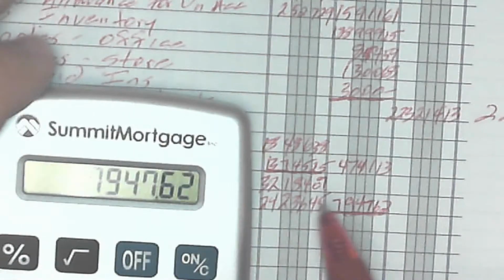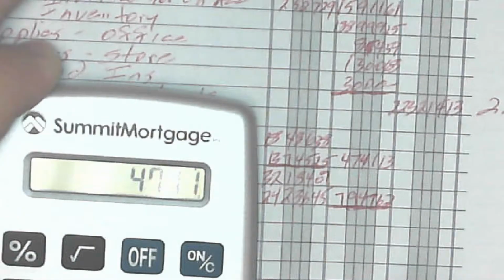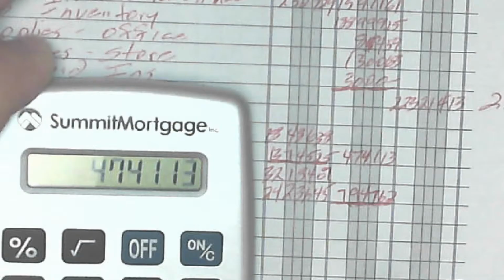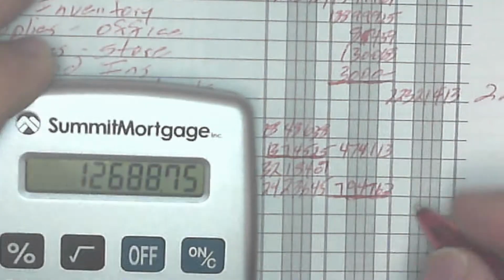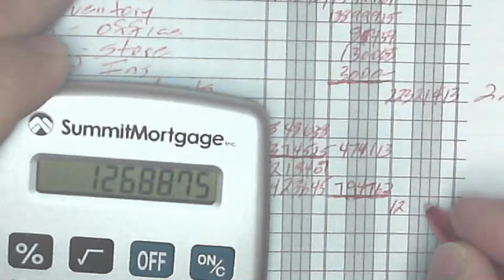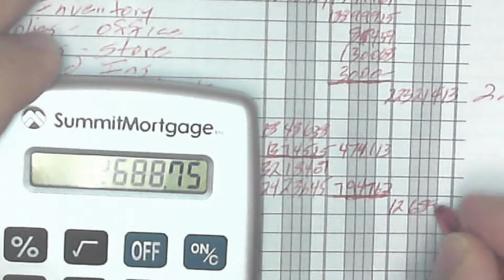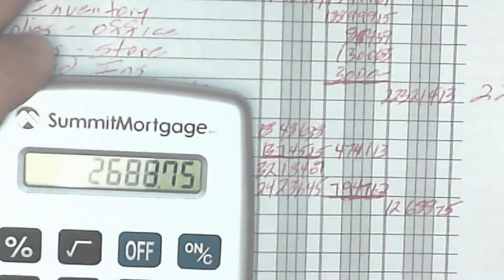The $7,947.62 plus $4,741.13 is $12,688.75.